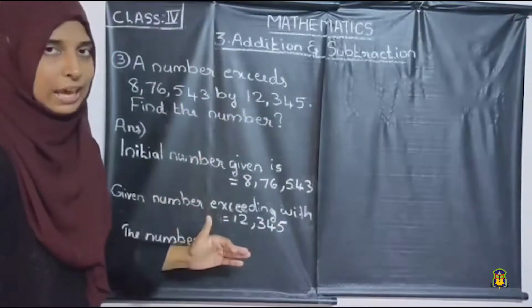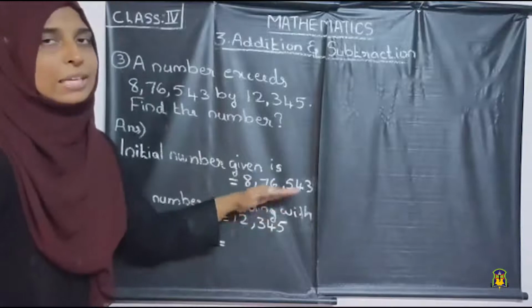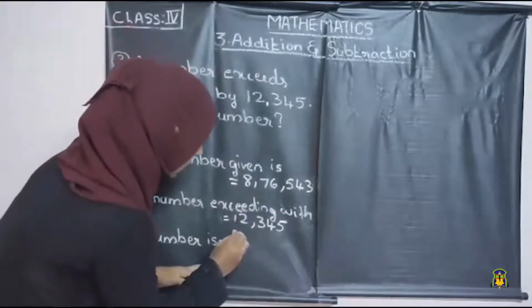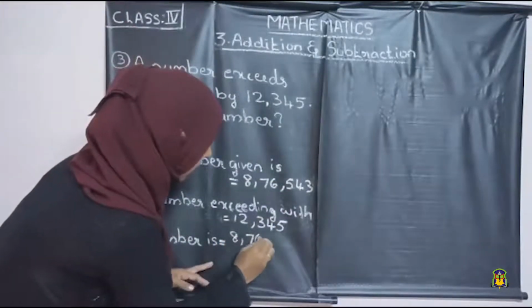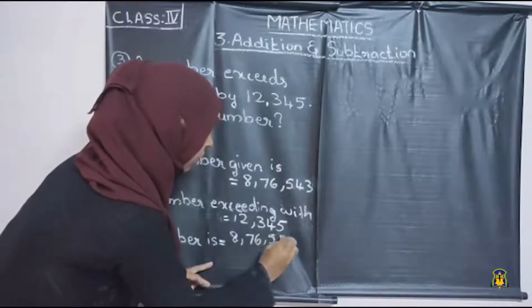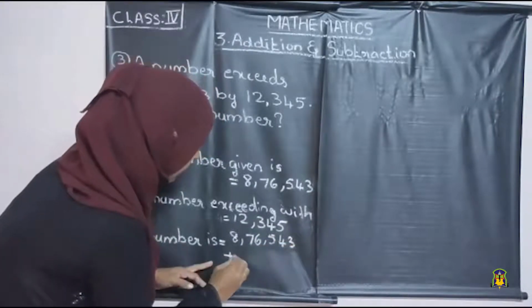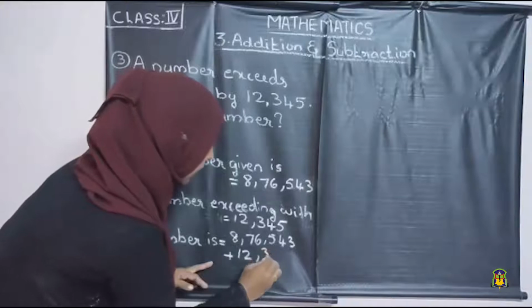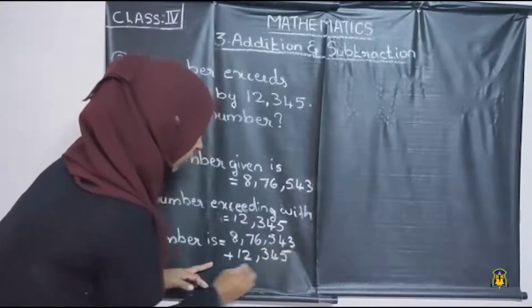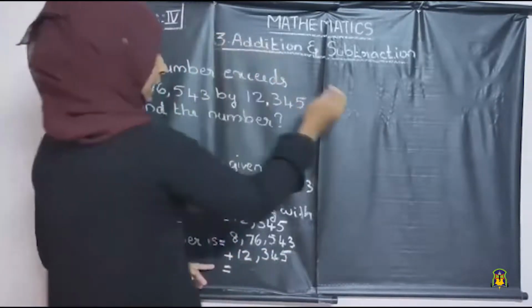How we are finding the number? We want to add these two numbers. Okay, that is 8,76,543 plus 12,345. Okay, so we can add here.